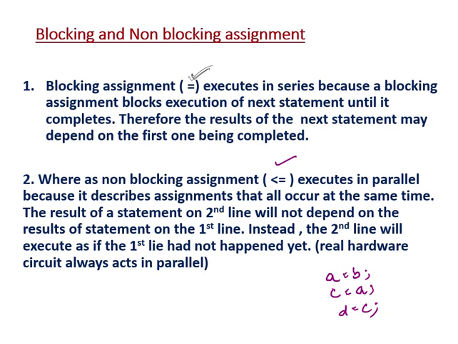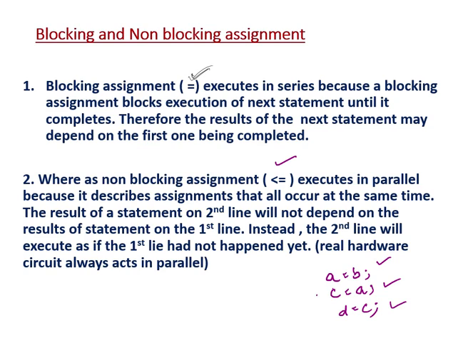So it executes in series, means first this line will be executed, next this line will be executed, and next this line will be executed. So this is executed in serial fashion. And how does this happen? What this blocking assignment actually does is block the execution of the next statement until it completes.